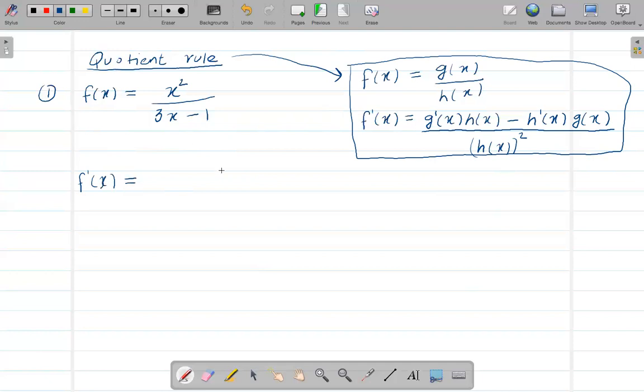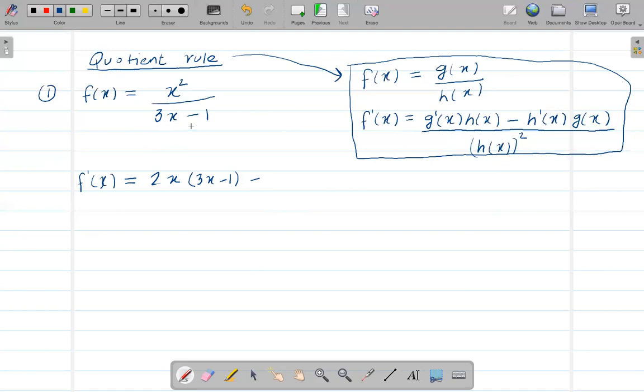Using this rule, we take the derivative of the numerator first, right? The derivative of the numerator x squared is 2x to the power 2 minus 1, which is just 2x. The denominator will stay the same. Minus, now take the derivative of the denominator, 3x minus 1.